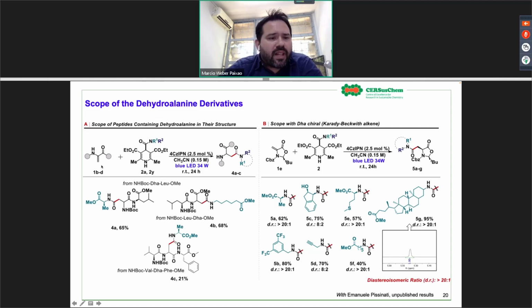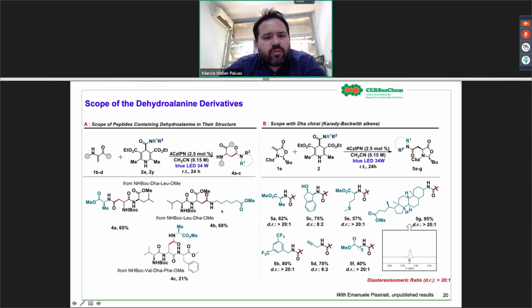And here, what we did, we varied the position of the dehydroalanine, so the dehydroalanine can be present in a small peptide at the C-terminus, or even in the middle of the chain. In both cases, these modified peptides could be obtained in good yield. Lower yields were obtained when the dehydroalanine is present in the middle of the peptide side chain.